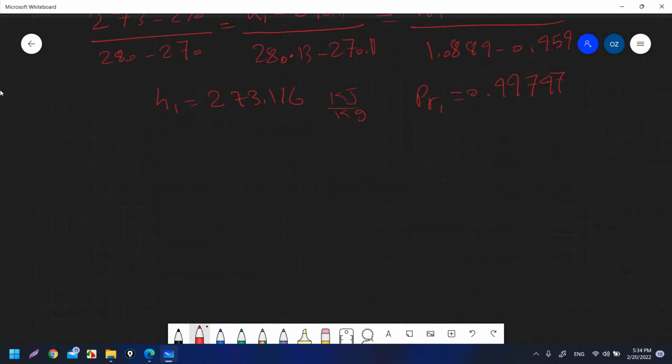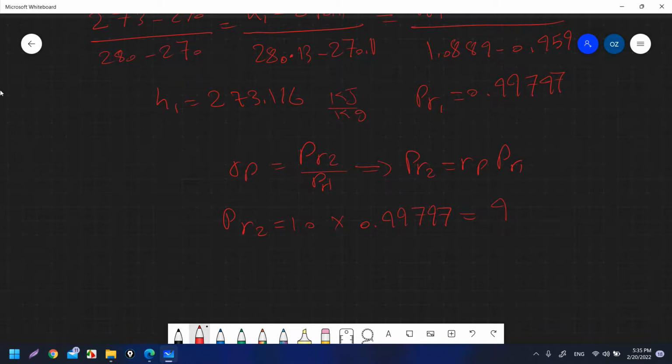Okay, so now I can use the equation that RP is equal to PR2 over PR1 in order to find PR2, and then find H2S using the table. So PR2 will equal RP times PR1, where RP is 10, given in the question, times 0.99797, and this will give you that PR2 is equal to 9.98.